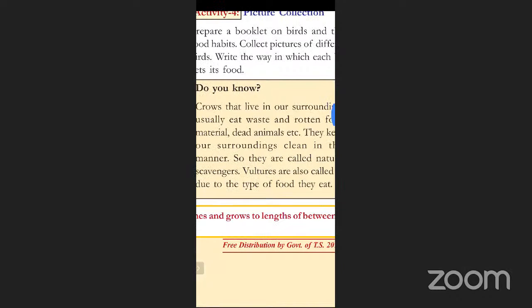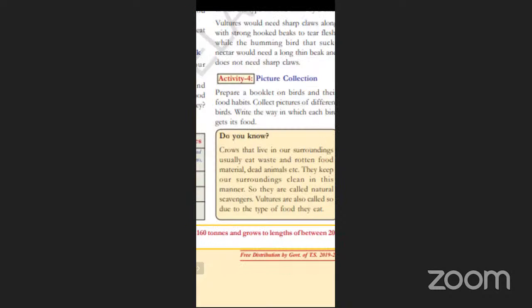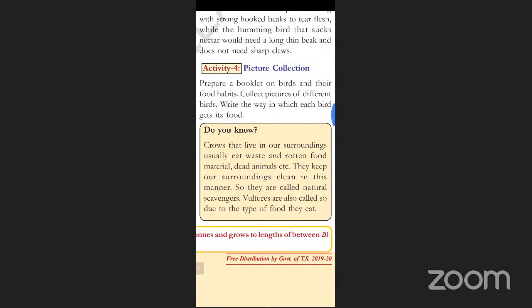Children, why am I discussing this point? Can anybody guess? From this, in the compulsory choose-the-correct-answer or one word questions, they will ask. In the previous grade, some children were unable to write the answer for this question. Okay, children, which type of animals are called natural scavengers?